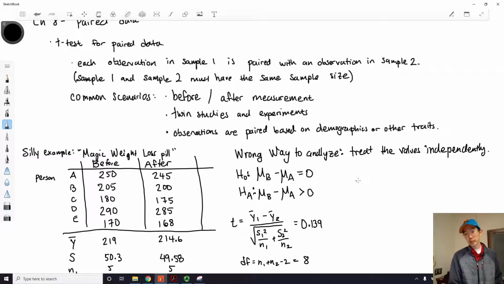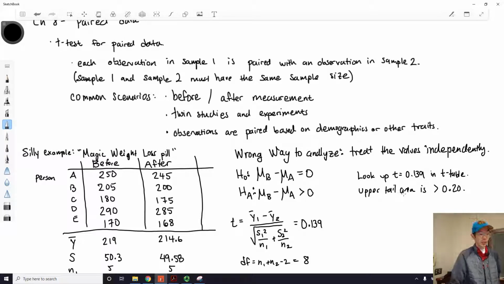Okay? And then, if you look this up, look up t equal to 0.139 in the t-table, and you get the upper tail area is greater than 20%.